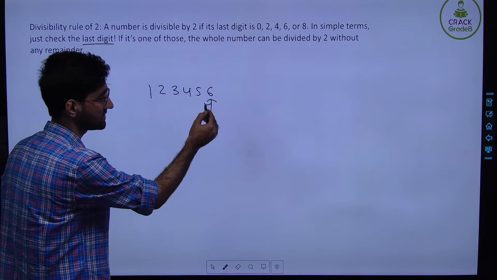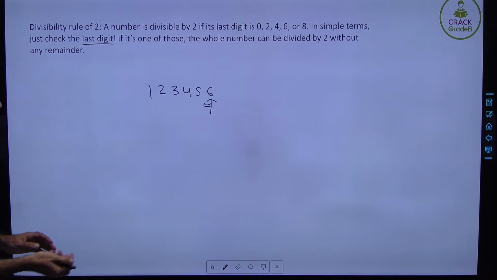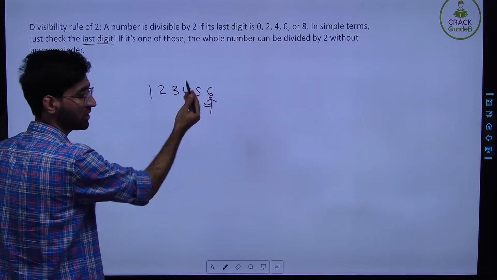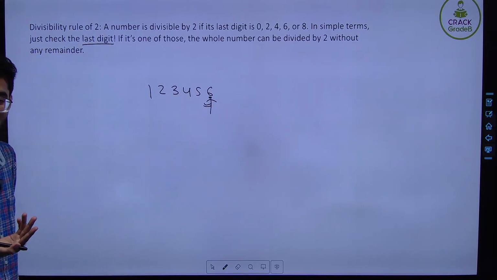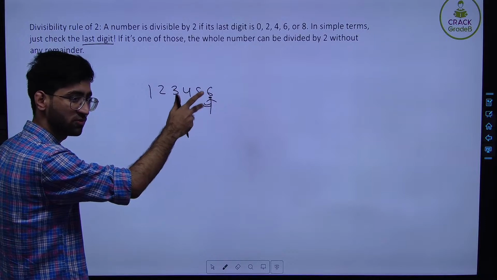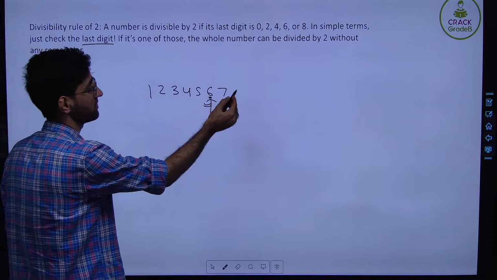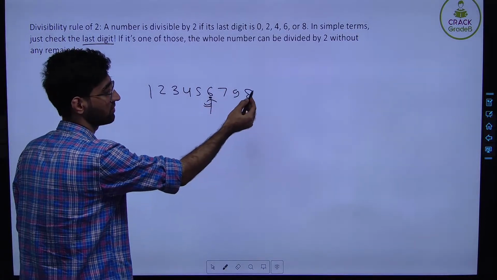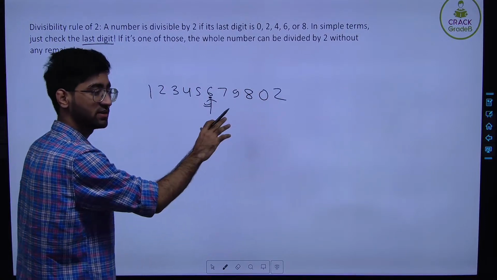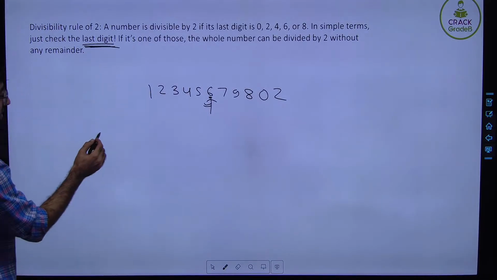So 6 is here, so this number is divisible by 2, right? Or you can remember it this way, that the last digit must be one of 0, 2, 4, 6 or 8. Is this number divisible by 2? Now, no, right? Means you only have to look at the last digit, right? Now try to answer one question.